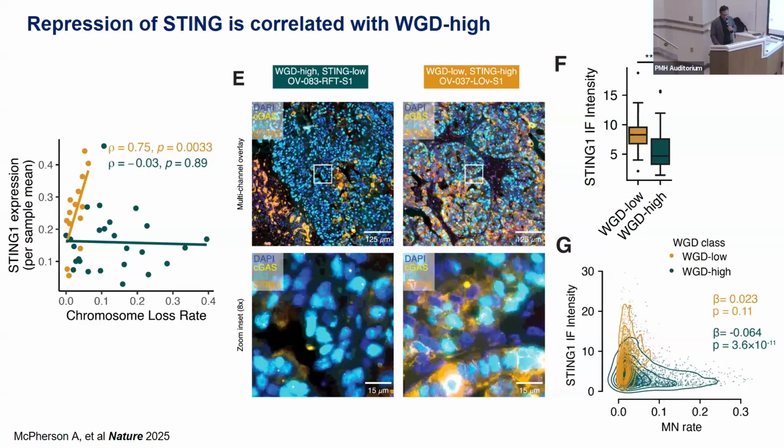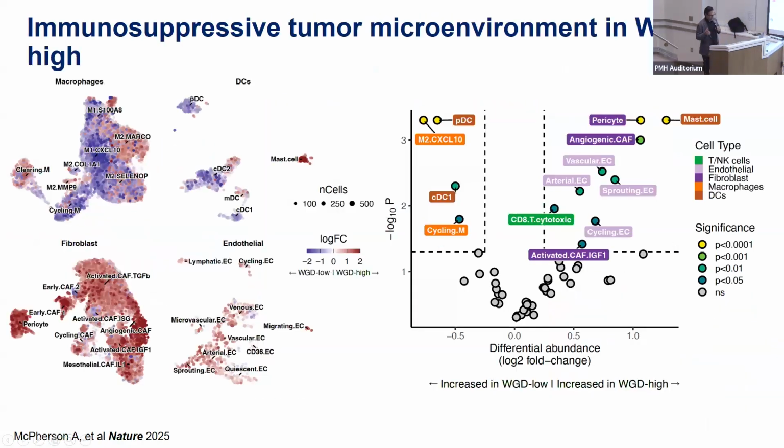And so you can then read this out because, again, it's a multimodal type of assay where we actually generate single-cell RNA-seq, including on the CD45 positive cells. And we can see, if you compare the right versus left of the volcano plot, the inflammatory signaling is all in the genome doubled low tumors. And over here, you start to have angiogenesis and other types of immunosuppressive expression programs that are classically immunosuppressive, TGF-beta, et cetera.